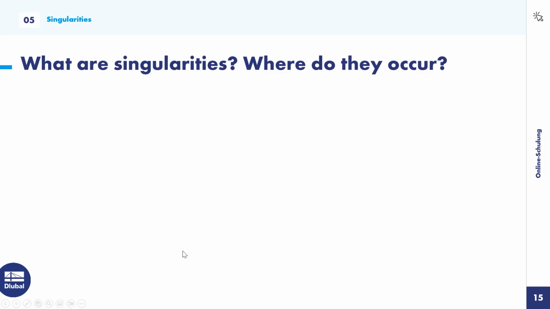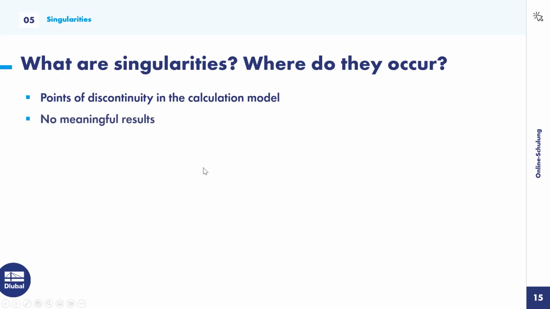Singularities, well, what are these and where do they occur? First, they occur at points of discontinuity in the calculation model. The problem is they deliver no meaningful results. It's a model problem and not a physical problem that really occurs on site.